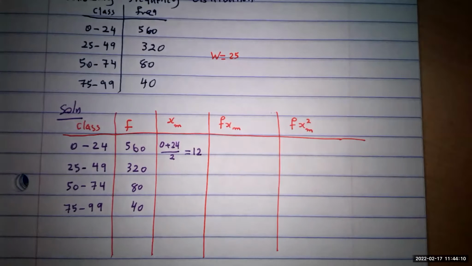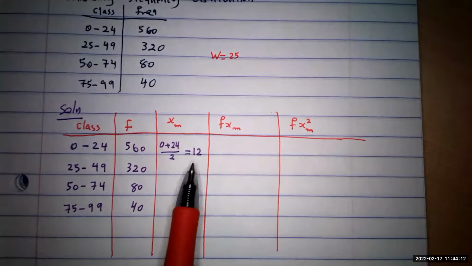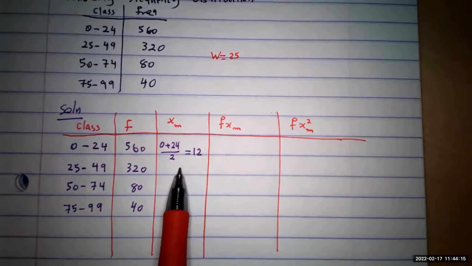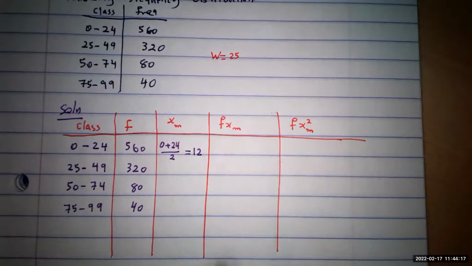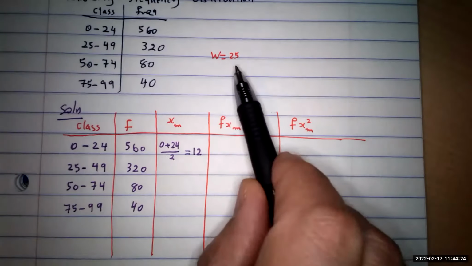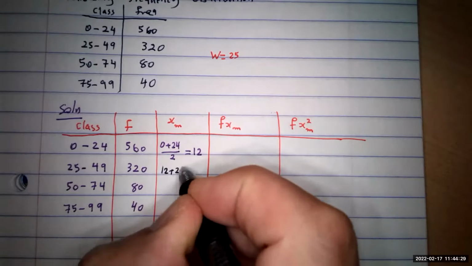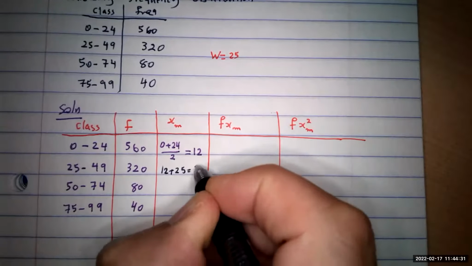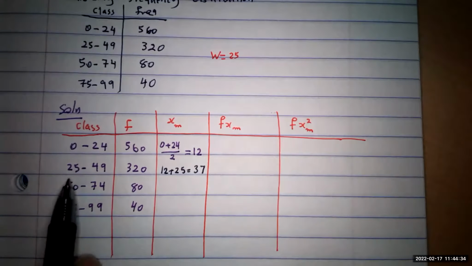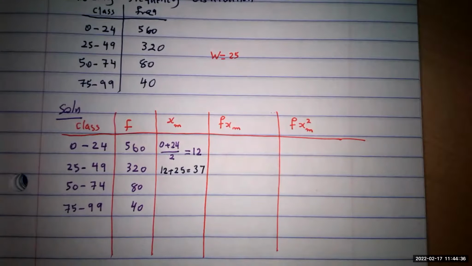That will help you if you like. You know that this is going to be 12. You add 25, that gives you the second one. You get all the midpoints, or you can just calculate them. All of them would be the same. The suggestion is the W is 25. So this must be 12 plus 25, which is going to be 37. If you don't like it, 25 plus 49 would be 74. You divide 74 by 2, that gives you 37.